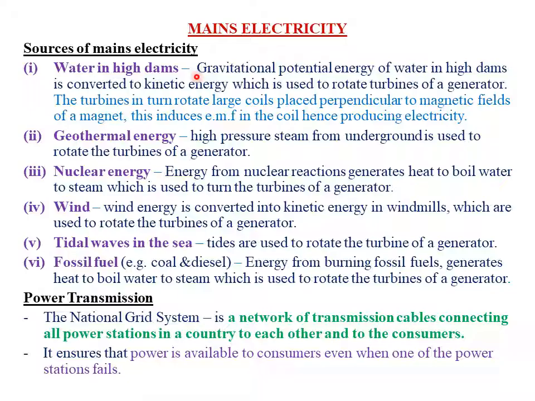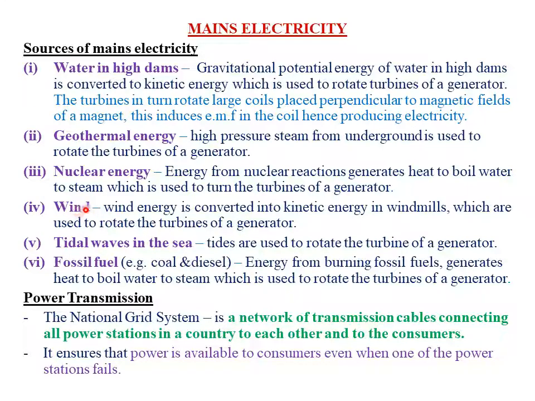So in that particular case, when it is dry, we can have some wind moving at a very high velocity. So because the national grid system is interconnected to all these sources of mains electricity, even if the water in the high dams gets dry, the energy is still going to be produced by the windmills.